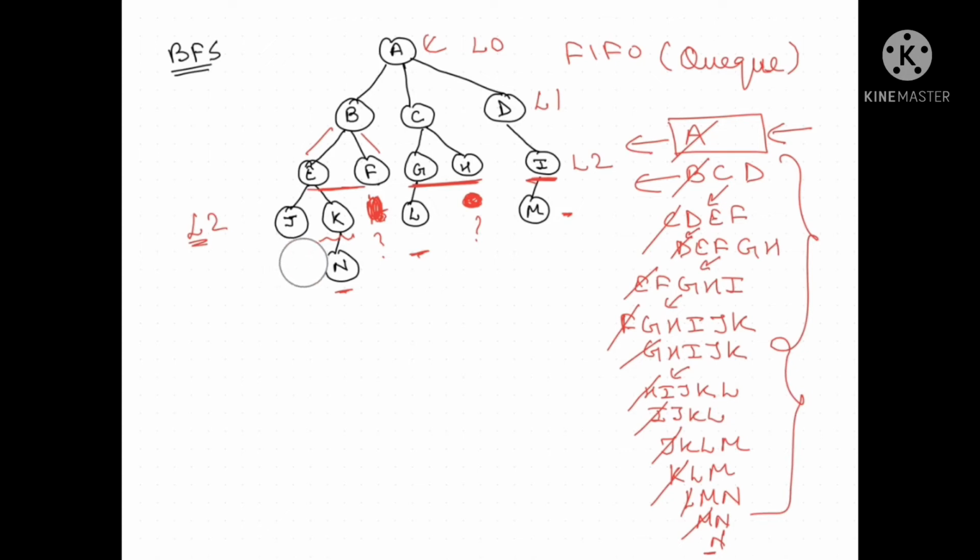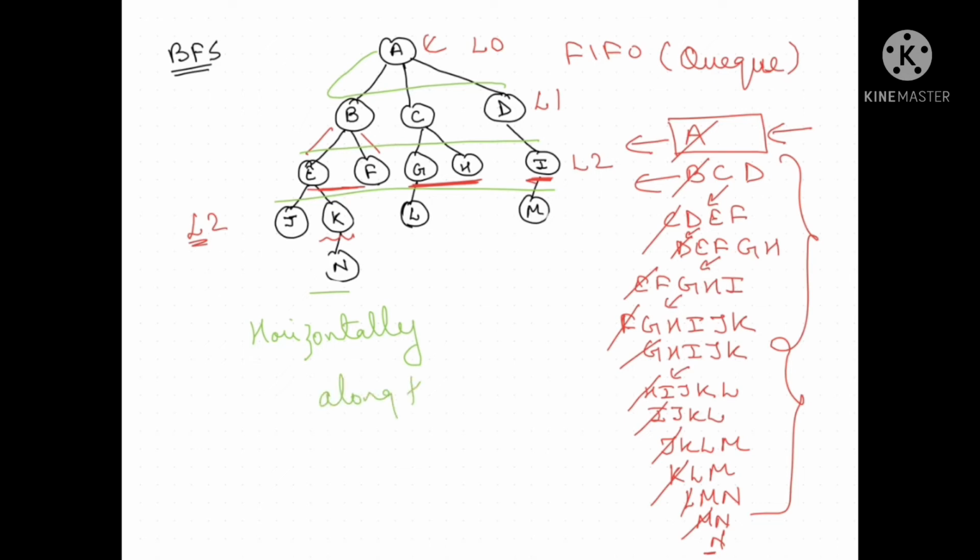So if I really want to go ahead with all of these things, the point I'm trying to tell you is, observe carefully. We are traveling like this: B, C, D, E, F, G, J, K, L and N. So basically we are moving horizontally, that means along the width or along the breadth.